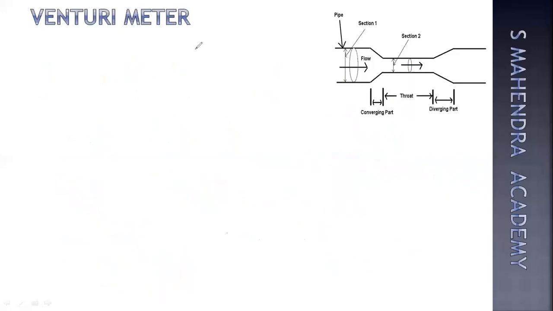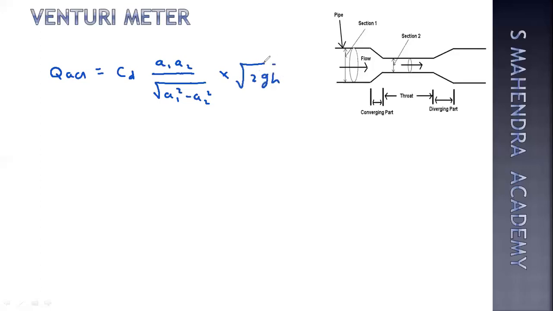So for actual discharge, we have to write this equation as Q actual is equal to CD A1 A2 divided by square root of (A1 square minus A2 square) into square root of 2gh, where CD is the coefficient of the venturimeter and its value is always less than 1.